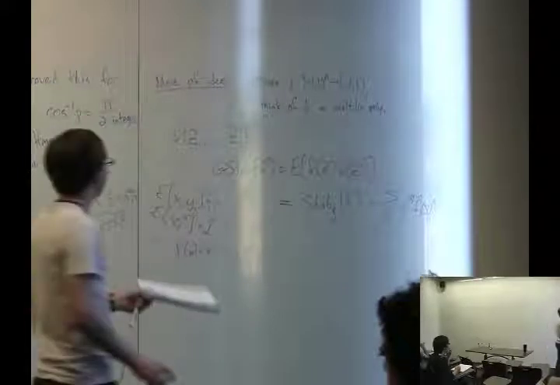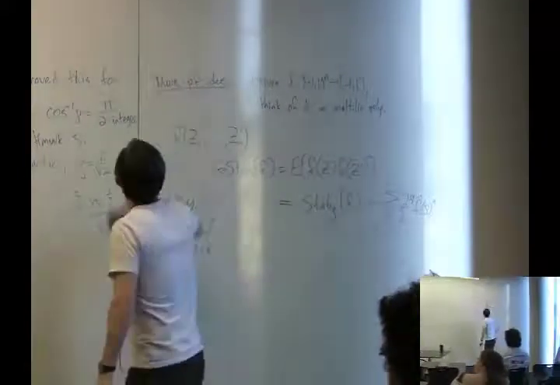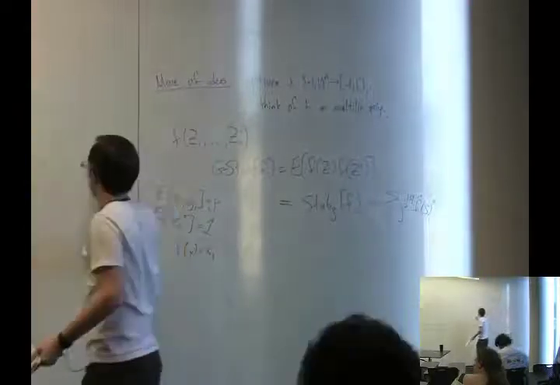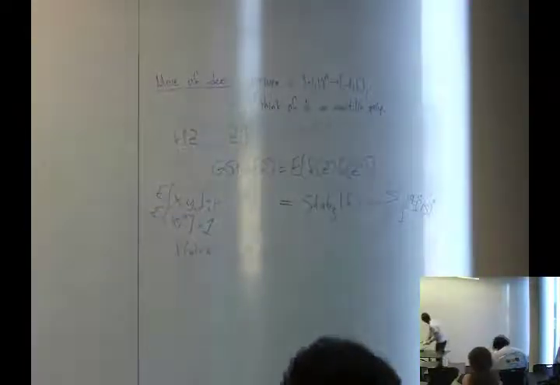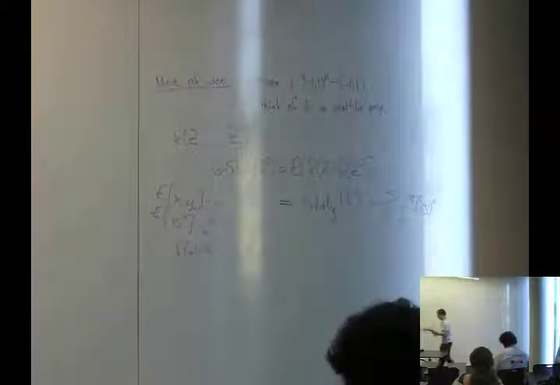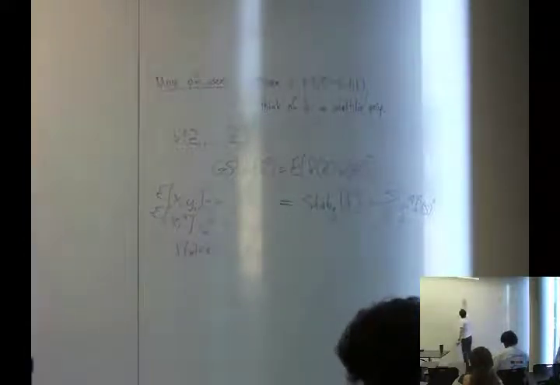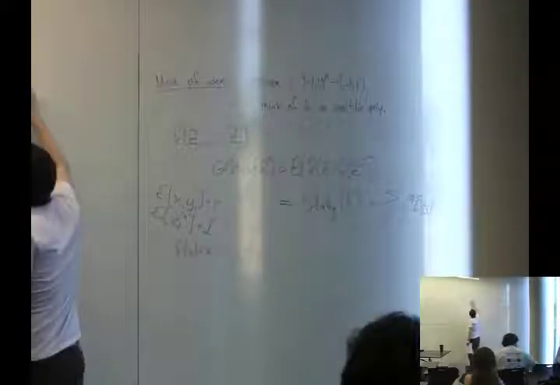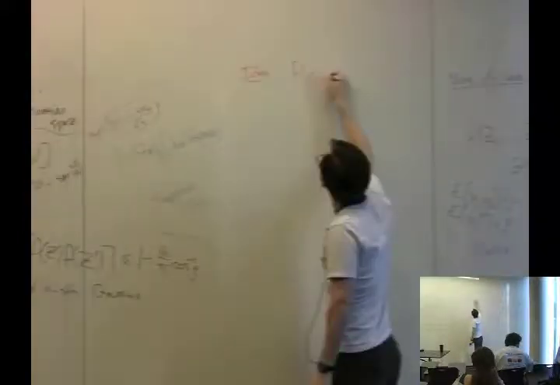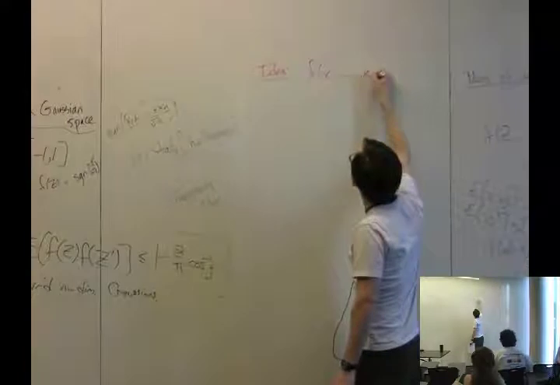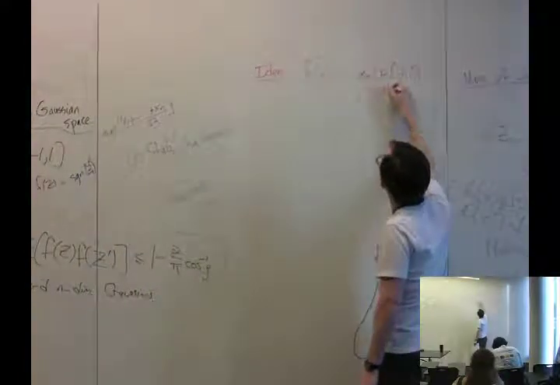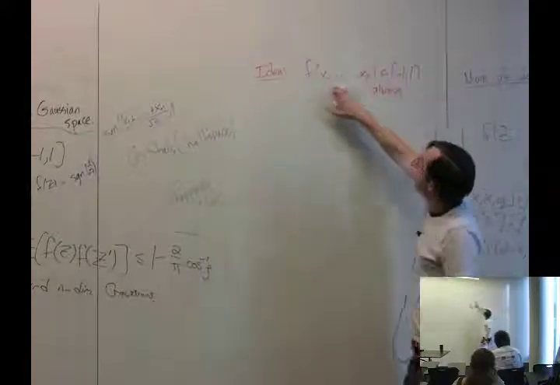So the actual idea is the following. We know that with this f, thinking of it as a multilinear polynomial, if you plug in random plus or minus 1 bits, this is always between -1 and 1. Think of this as a random variable. It's always between -1 and 1.